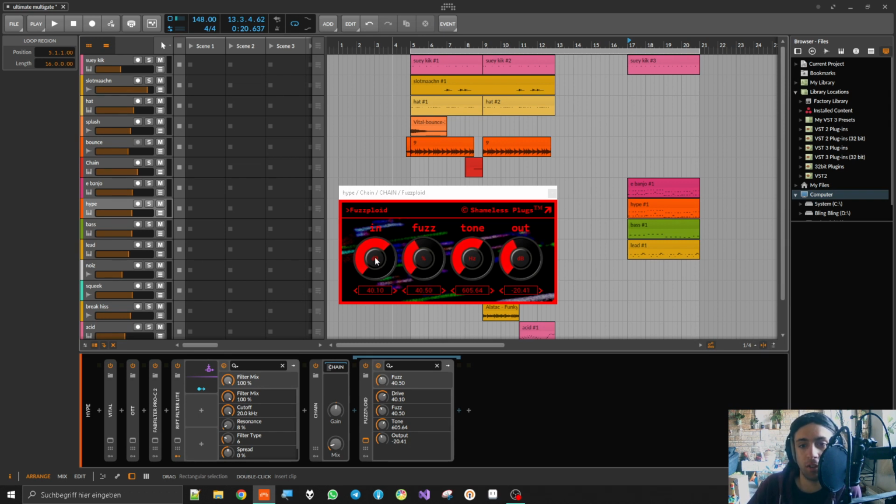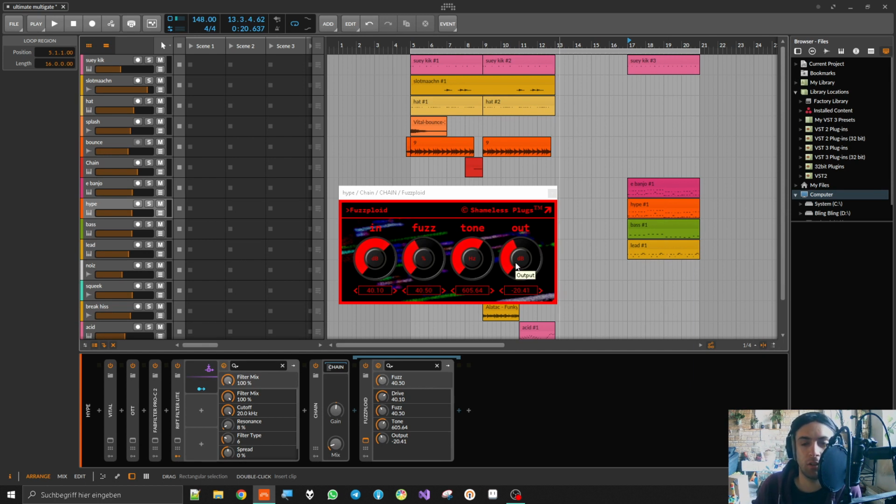The input gain adds a lot of drive, just like it's also called apparently. And it's really not to be confused with the fuzz knob. It's very important to drive the input hard sometimes. And that can be a little bit off-putting first because there is no gain compensation and you have to turn down the output yourself then.